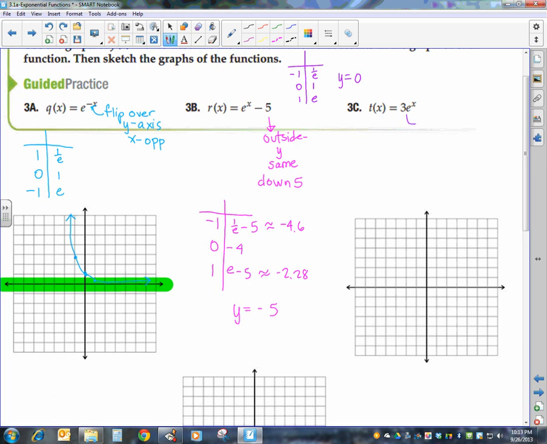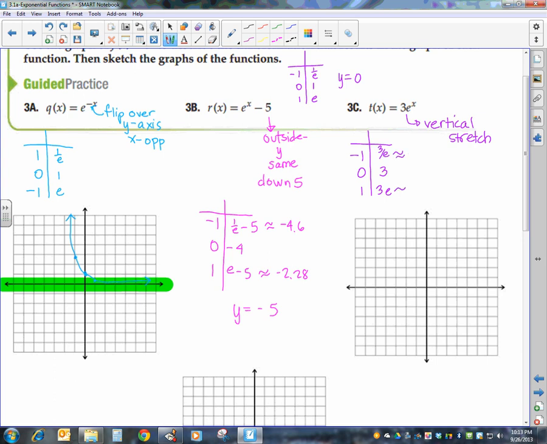What does this 3 do? It's outside. It affects the y. We call that a vertical stretch of 3. So each y value from my original key points is going to change. My x's are not. I'm going to have 3e, 3, and 3 over e.